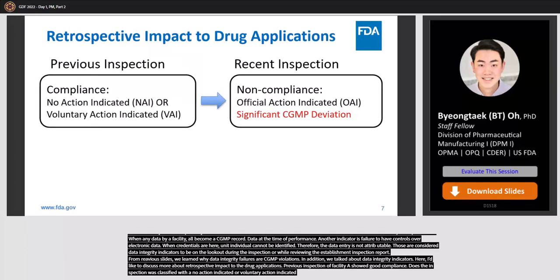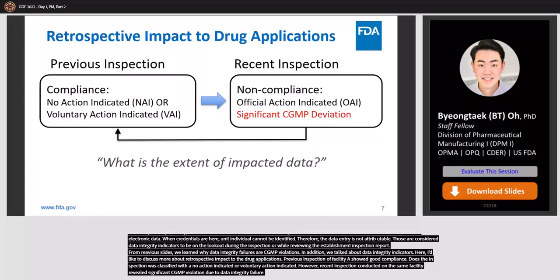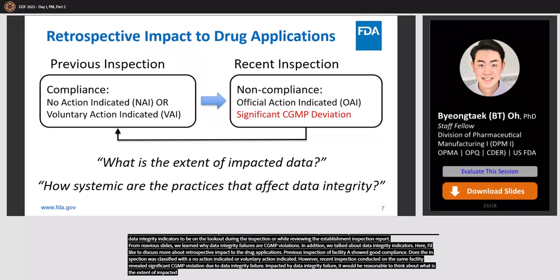However, a recent inspection conducted on the same facility revealed significant CGMP violation due to data integrity failure. Drug applications may be impacted by data integrity failure. It would be reasonable to think about what is the extent of impacted data and how systemic are the practices that affect data integrity.